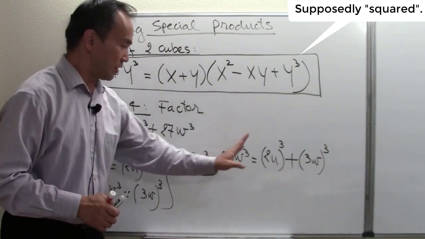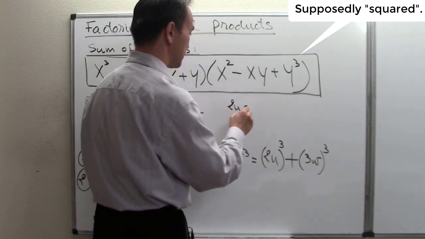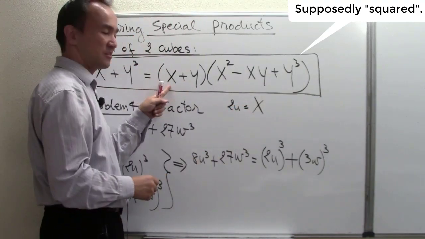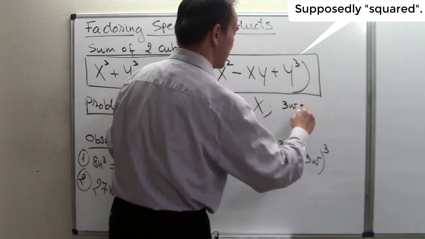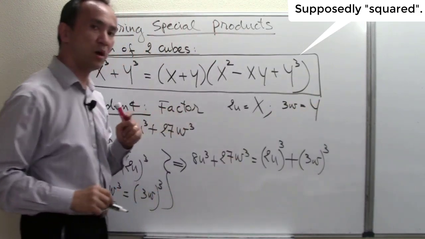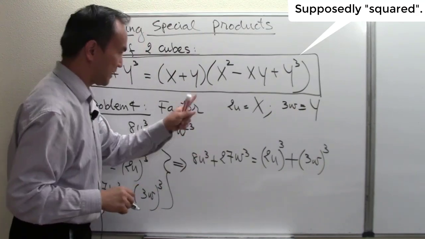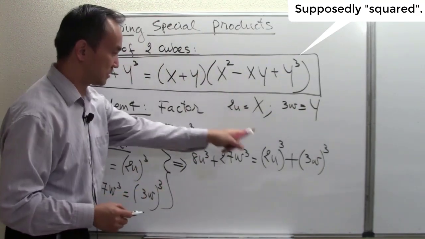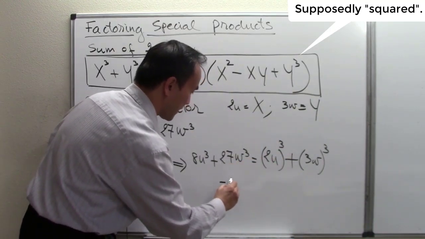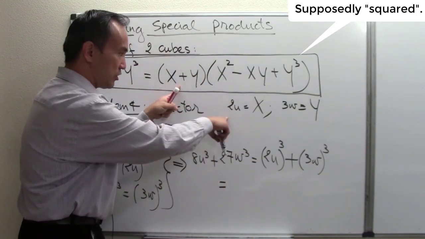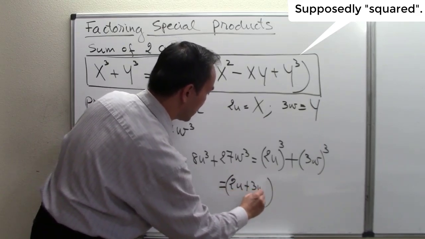Referencing this formula for our particular problem, I can see that 2u is being put in place of the capital X in our formula, and 3w is placed in place of our capital Y. In that way, now I can start utilizing this formula. For the sum of two perfect cubes, x cubed plus y cubed, I can go x plus y as part of the formula. But x is 2u and y is 3w, so instead of x plus y, I'll write 2u plus 3w.